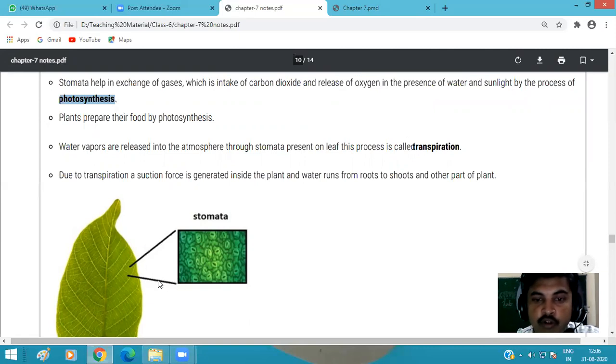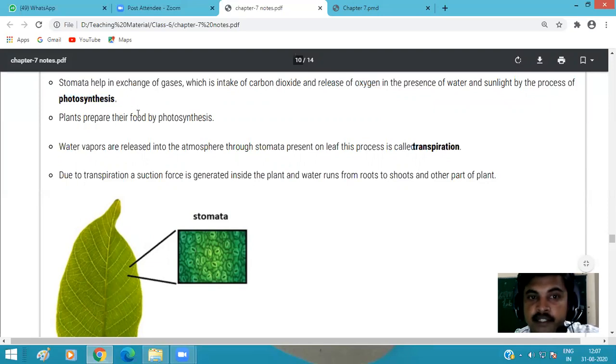Carbon dioxide is necessary, so leaves absorb it from the surroundings through the stomata, and they take water from the roots. In the presence of sunlight, the green pigment of the leaves carries out a reaction called photosynthesis, in which food is synthesized in the leaves and oxygen gas is released.